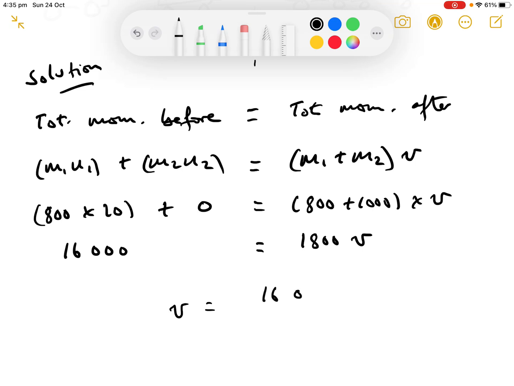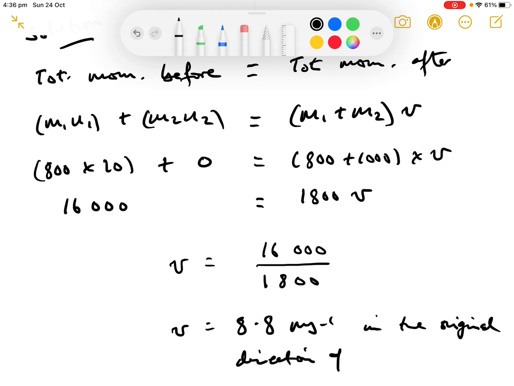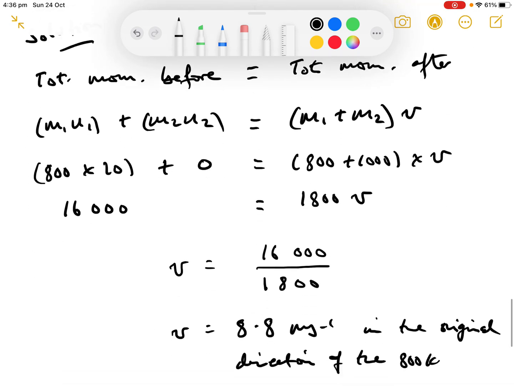So v equals 16,000 divided by 1800, giving a common velocity of 8.8 meters per second in the original direction of the 800 kilogram car.